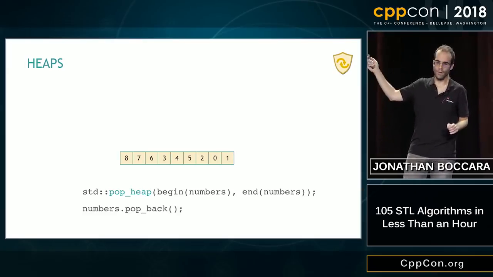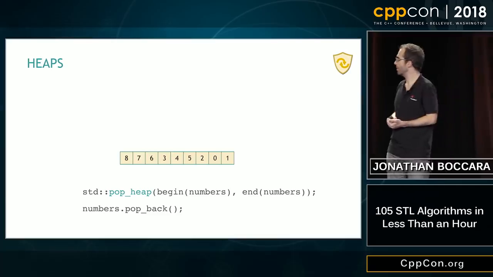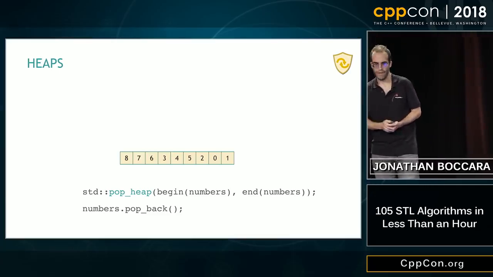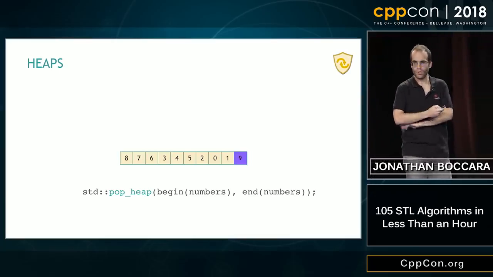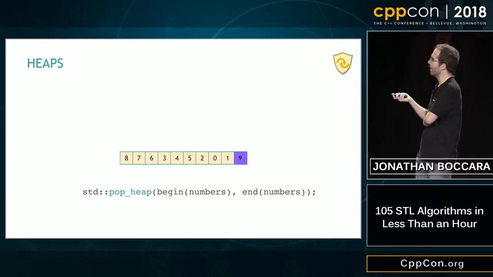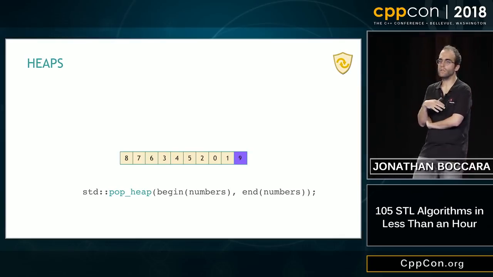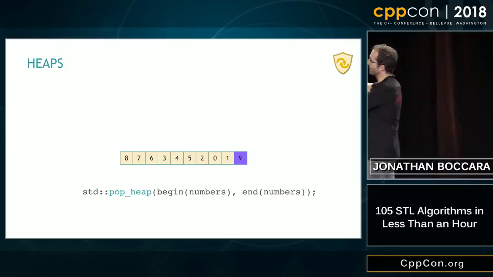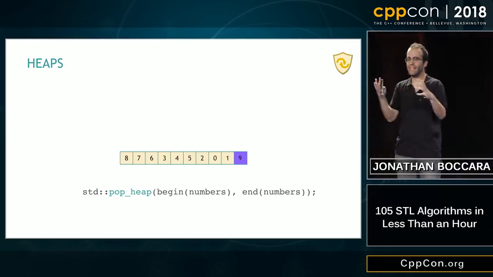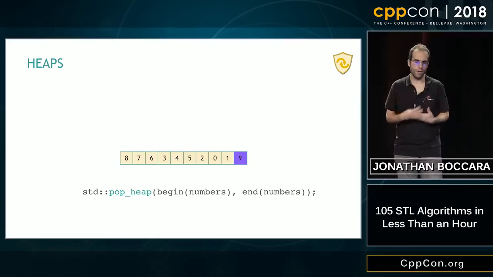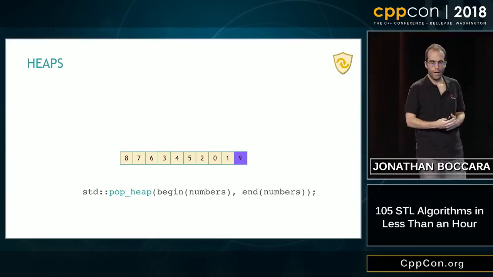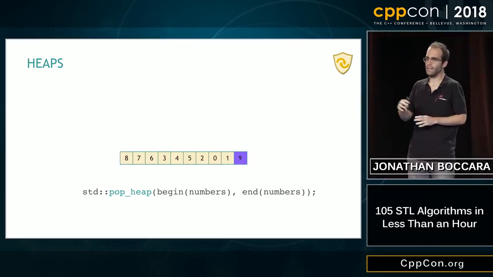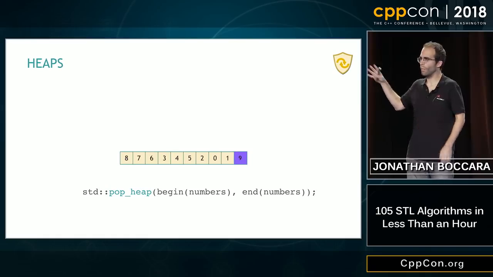And if we want to actually remove that value, we pop it back from the vector. Now, if we don't pop it back from the vector, but leave it here, and do that again for the part in yellow, the shrinking heap, if we do that over and over, at the end, we'll get, can someone see what we'll get at the end?